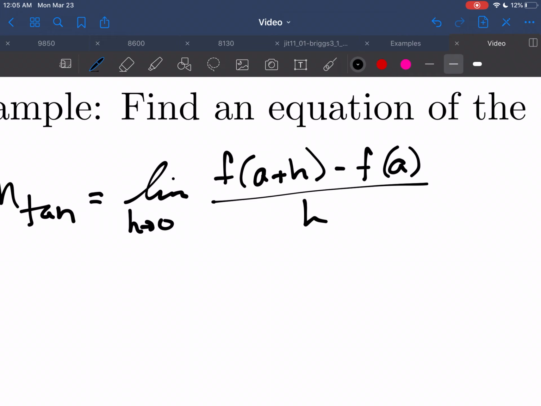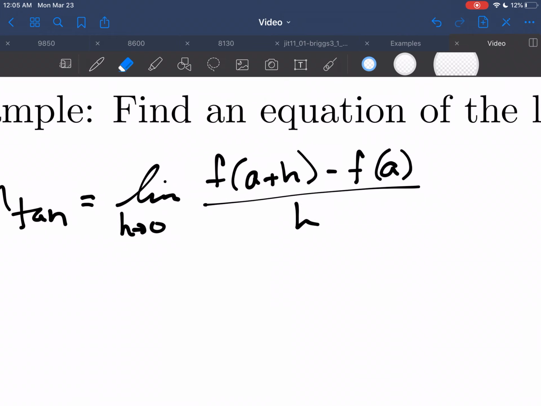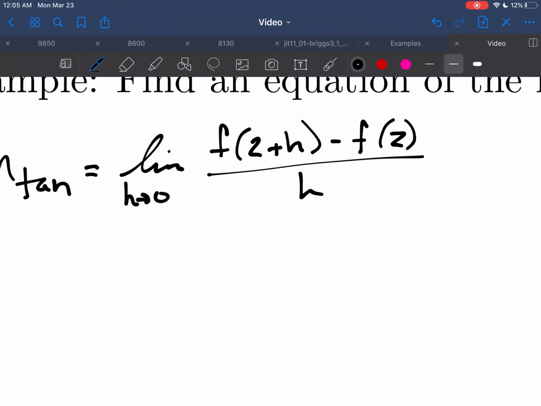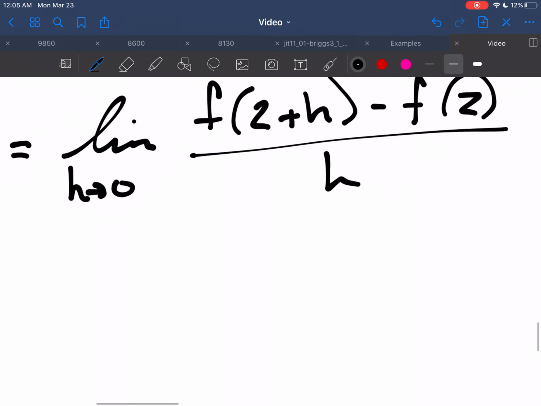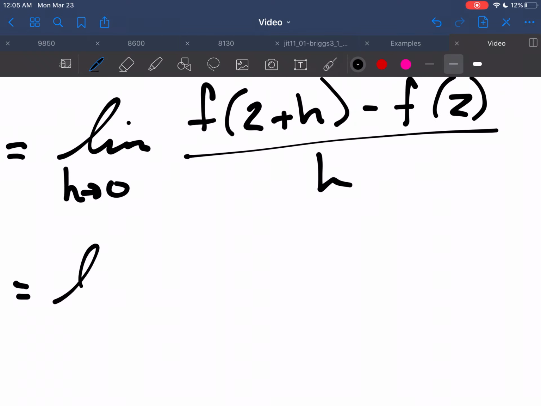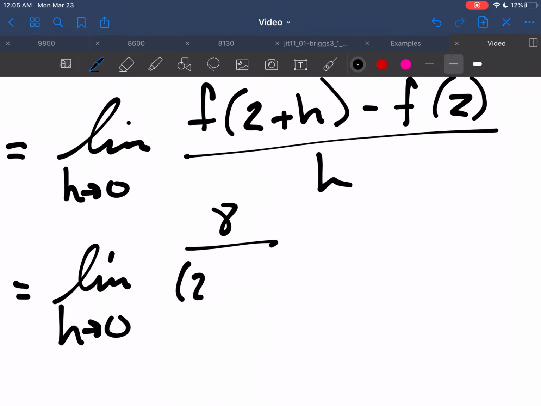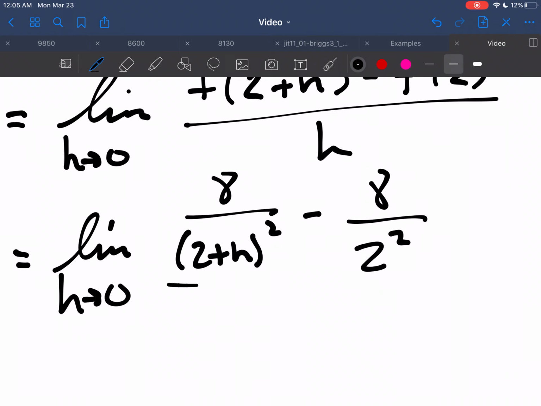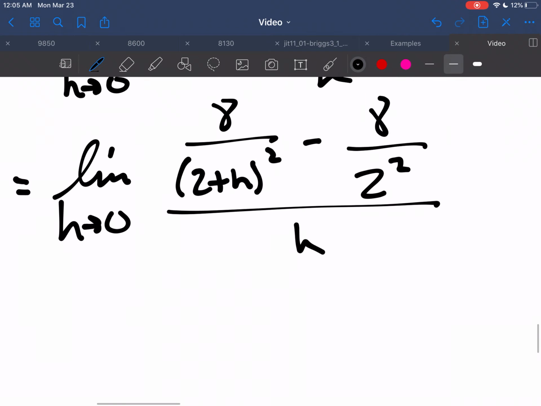In our case, we know that our a is equal to 2. So we can plug our function in, and we get the limit as h approaches 0 of 8 over 2 plus h squared minus 8 over 2 squared, divided by h.